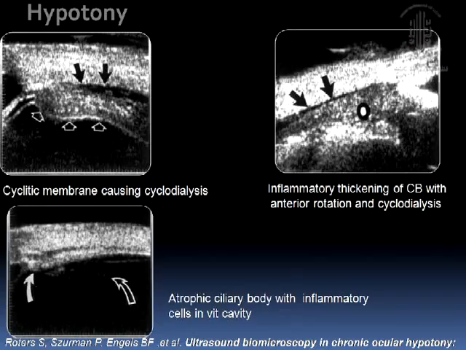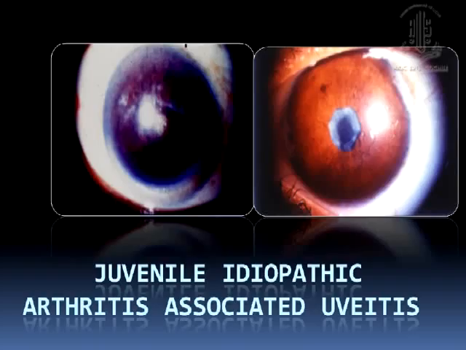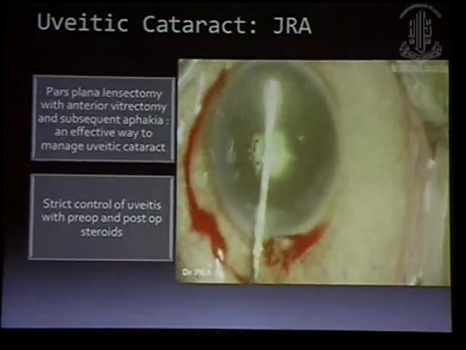Hypotony, we had some very good slides and information earlier in this session. So just briefly, we do have the dissection of these membranes, but they do not generally pick up the function because the underlying ciliary processes are very atrophic. GRA may also need pars plana lensectomy because that can be an effective way to deal with the cataract.